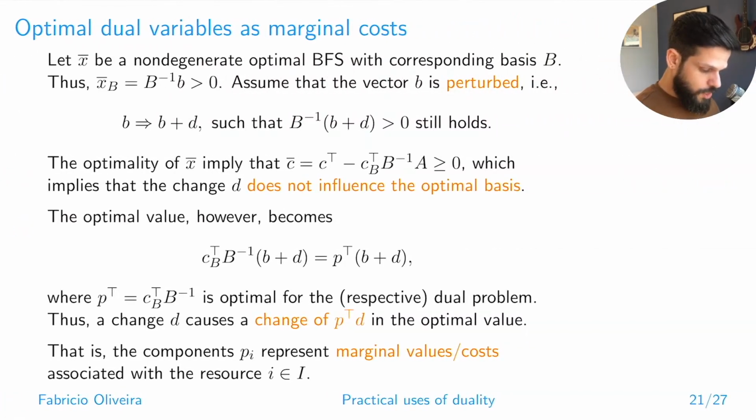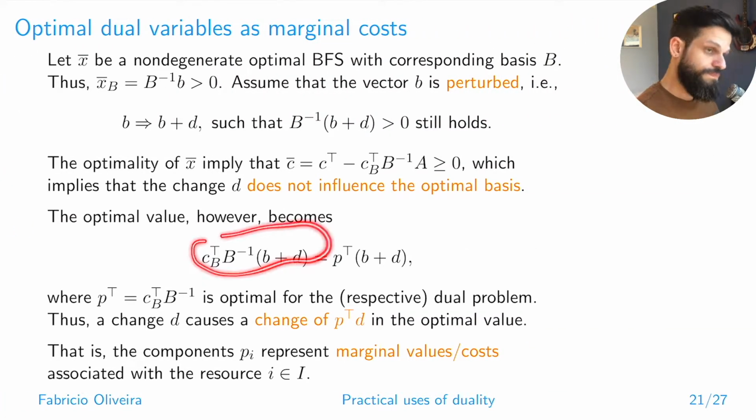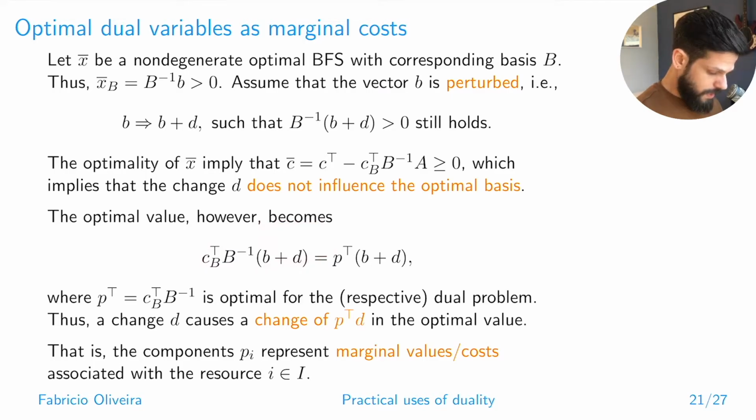So the actual influence you would see is in the optimal value, which we know can be written like so. This is just how we write p'b, and then the multiplication of p'd, and specifically this here is giving you an idea of how you can use the dual values.